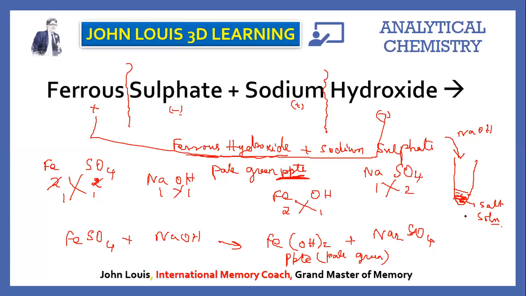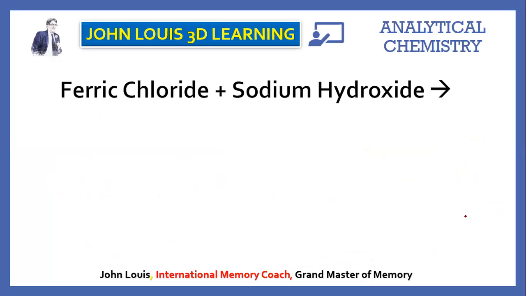Yes, sir. Okay. Shall we move on to the next one? Now, can anyone tell me? Suppose you are given a salt which is ferric chloride. You want to find out whether ferric is present in it. What do you need to do? In a test tube, you take the salt and dissolve it in water. So you will take the salt solution. And what do you need to add?